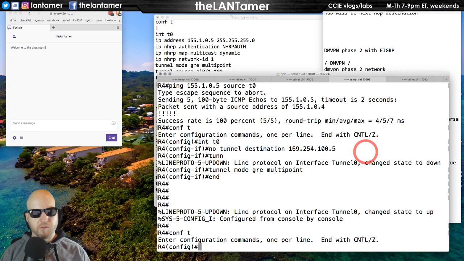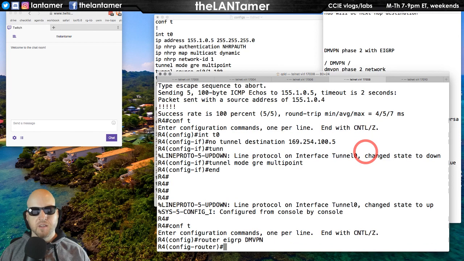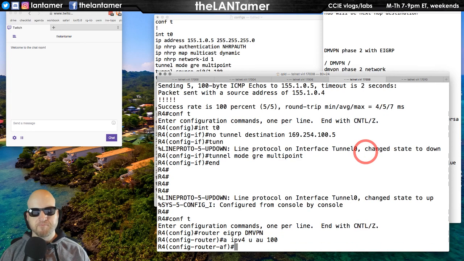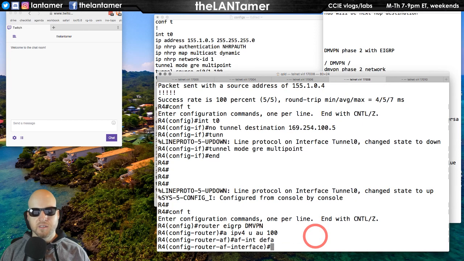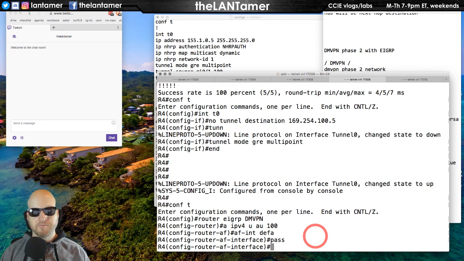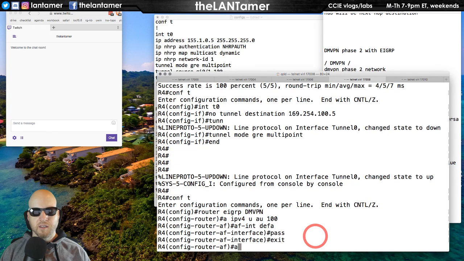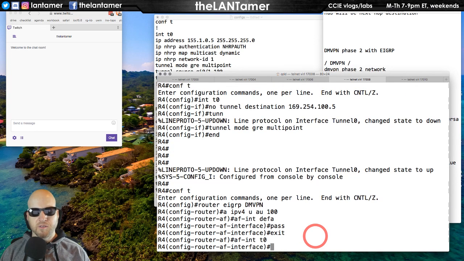Let's go ahead and put EIGRP. Why not? Router EIGRP DMVPN, address family IPv4 unicast 100. Trying to see what I can get away with here. AF interface default passive, AF interface tunnel 0, no passive.